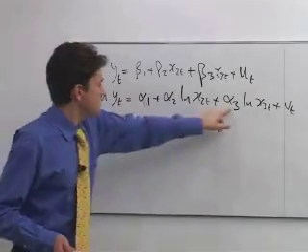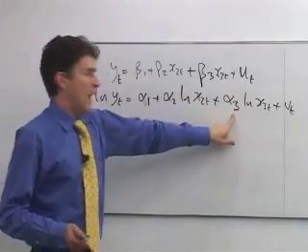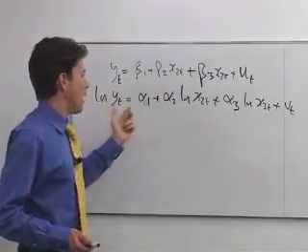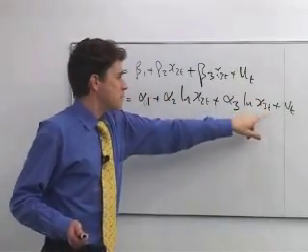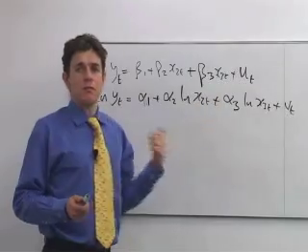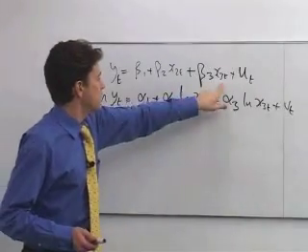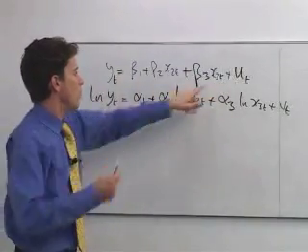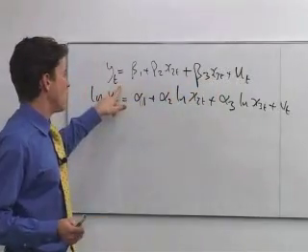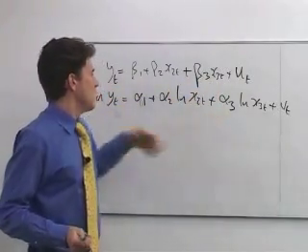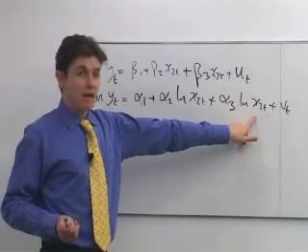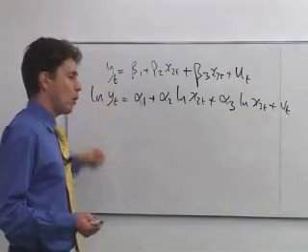In the context of this double logarithmic formulation, alpha 3 represents the impact on y that a 1% change in x3 will have. So beta 3 is the impact that a unit change, a change by a value of 1 in x3 will have on y. Alpha 3 can be interpreted as the impact that a 1% change in x3 will have on y.